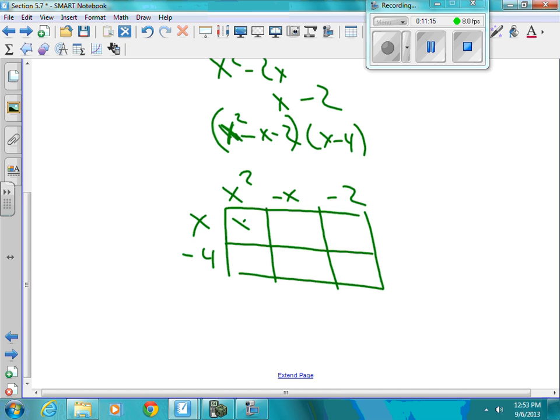X squared times x is x cubed. X times negative x is negative x squared. X times negative 2 is negative 2x. Negative 4x squared. Positive 4x. And positive 8. So I line these terms up and then add them together.